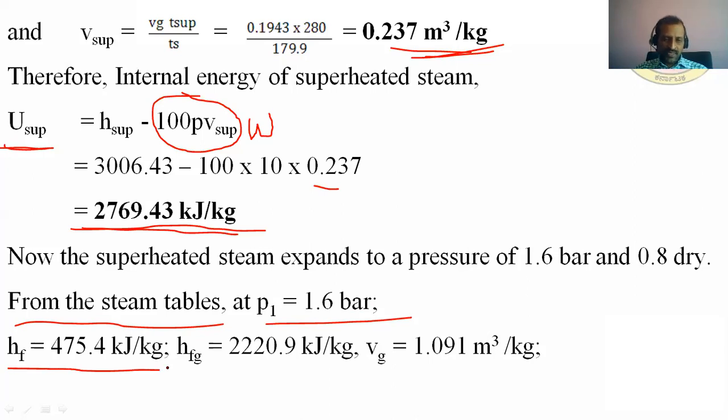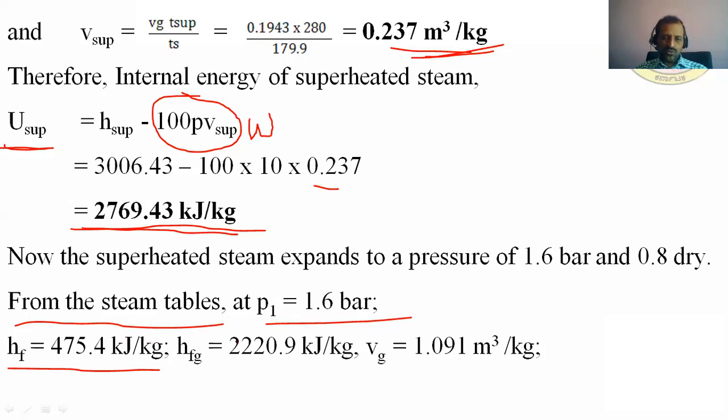So open the steam table by RS Kurmi book, page number 9. It is 1.6 bar pressure, look at it, and move horizontally, straight. Wherever HF is, look at the value below HF, that is 475.4 kilojoules per kg.